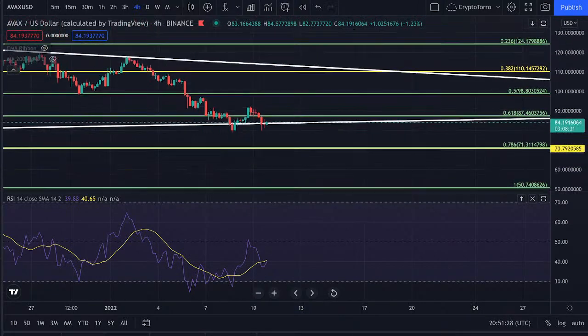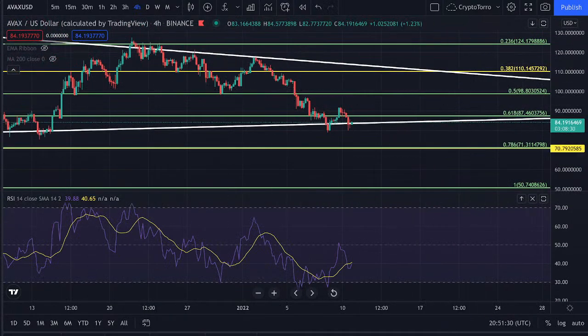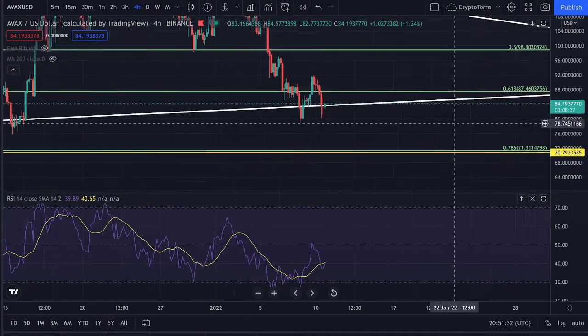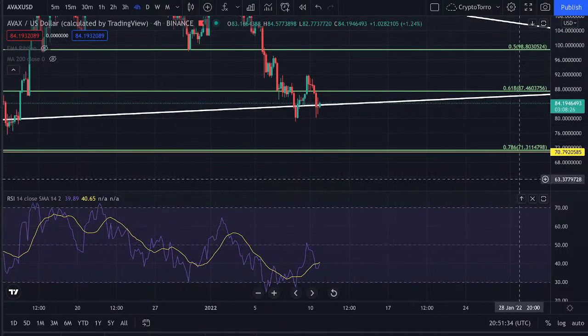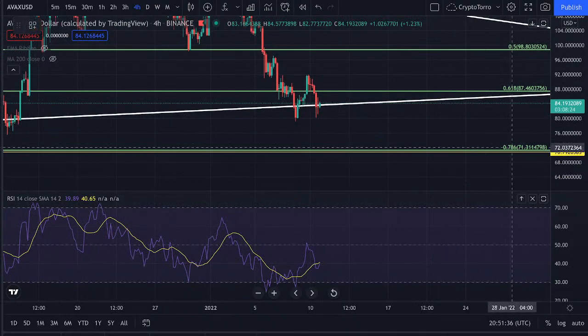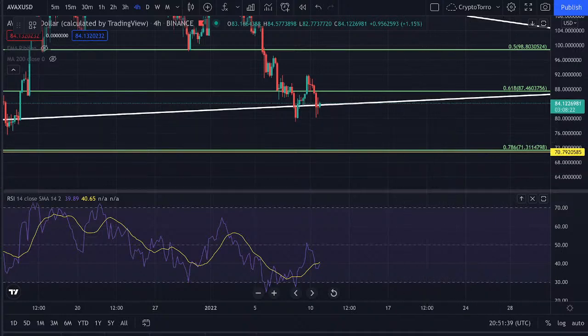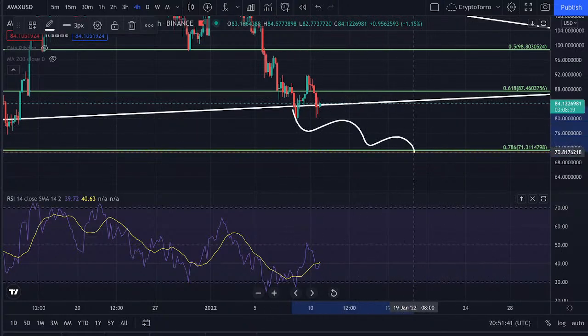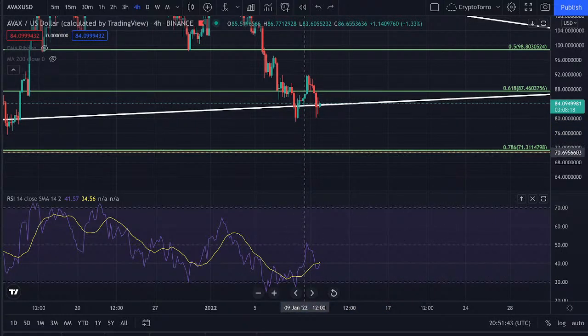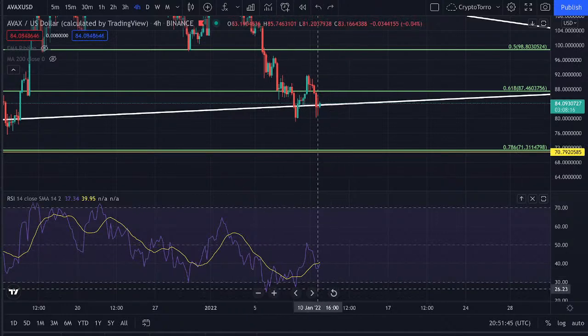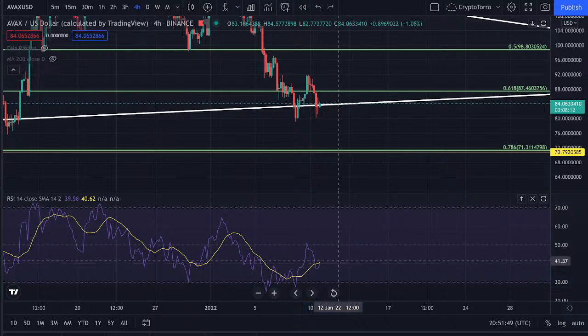And if we zoom out a bit further, that could perhaps lead us towards the $70 range that is right underneath us, and where we as well have the 0.786 level of Fibonacci. So therefore this could be a stronghold right underneath us if we do see a decline, due to the fact that the 4 hourly time frame already is quite below and a further decline would be unlikely to occur.